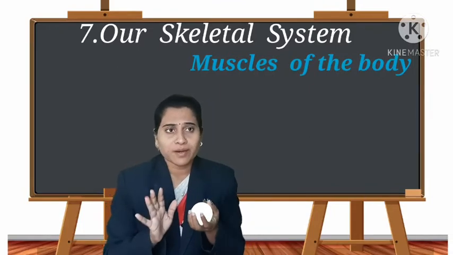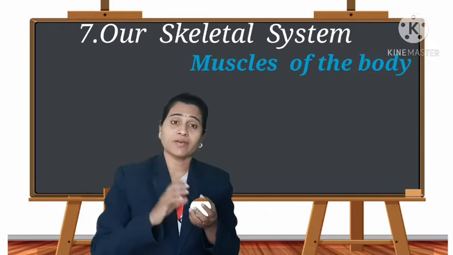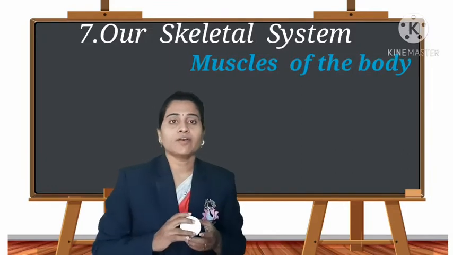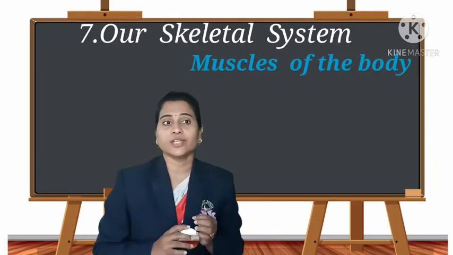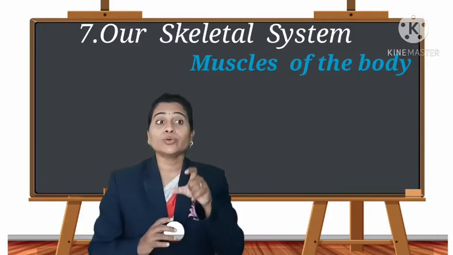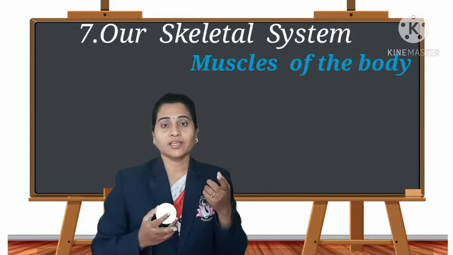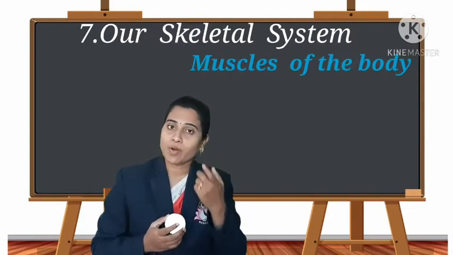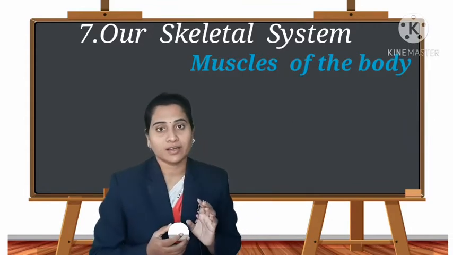It is not possible to move a part of our body if our muscles or our bones get injured. If either the muscle or the bone of any part of our body gets injured, it is not possible to move that part. If the muscles of my finger get injured, I am not able to move my finger, and if the bones get injured, I am also not able to move my finger.